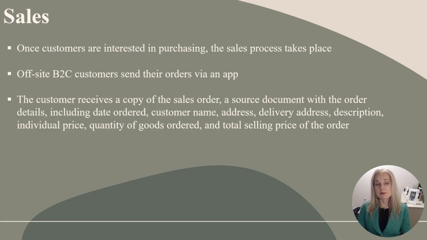The customer receives a copy of the sales order, a source document with the order details, including the date the order occurred, the customer's name, address, delivery address description, the price of the product, the quantity of the goods, and the total sales price of the order.